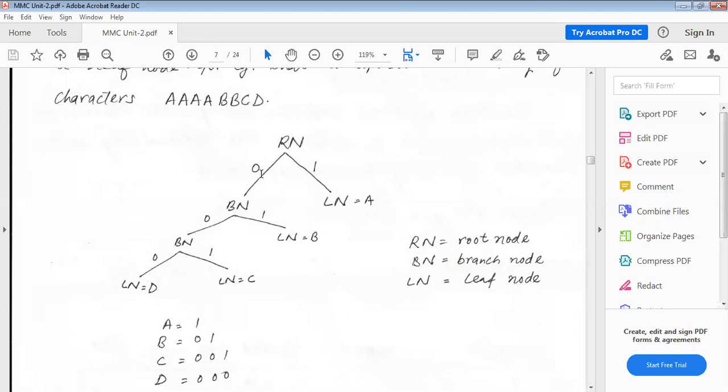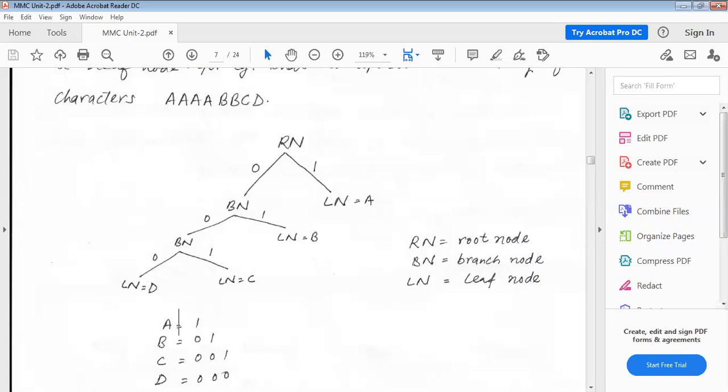So I will write character C as 0, 0, 1 from the root node to the leaf node. The flow comes from top to bottom, and like that we need to write the code words.